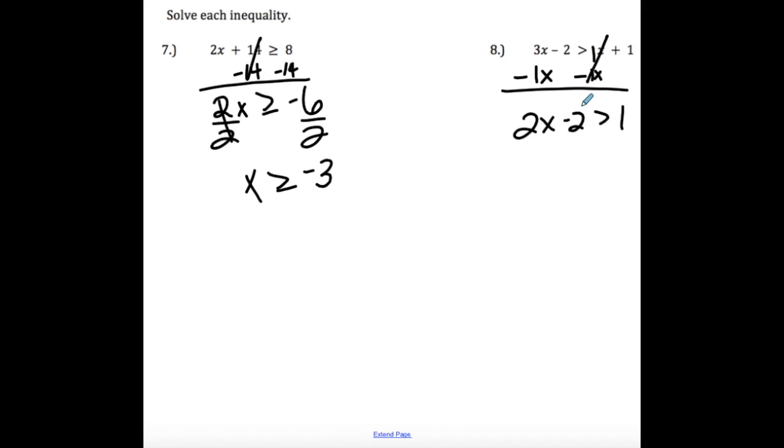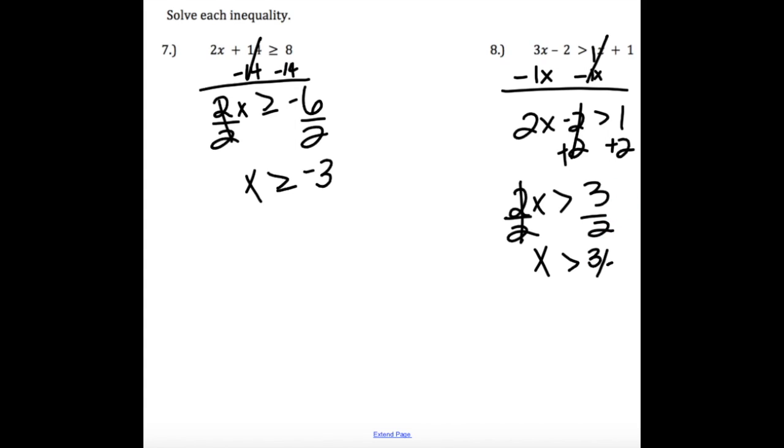I'm going to add this 2 to the other side. 2x is greater than 3, and I'm going to divide both sides by 2. Again, I'm dividing by a positive, so I'm going to keep my sign the same. I'm going to leave my answer as 3/2. Some of you are going to type that in your calculator and get 1.5, but I'm going to just go ahead and leave that as a fraction.